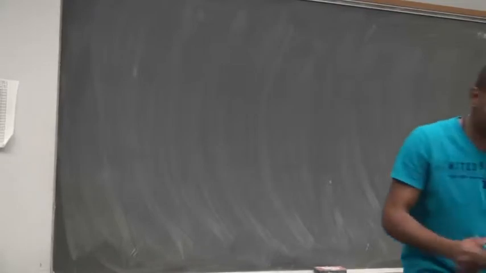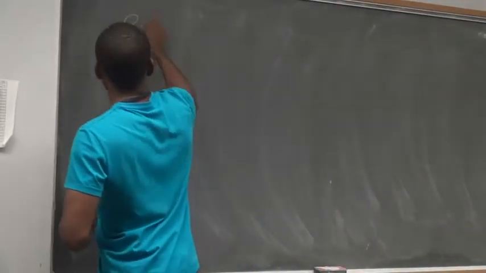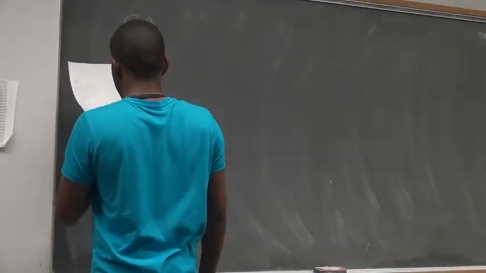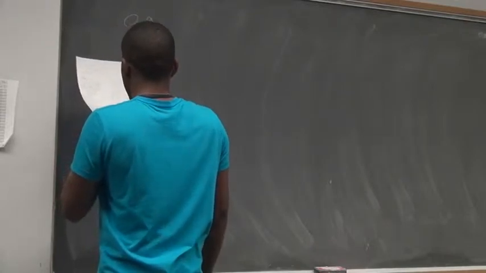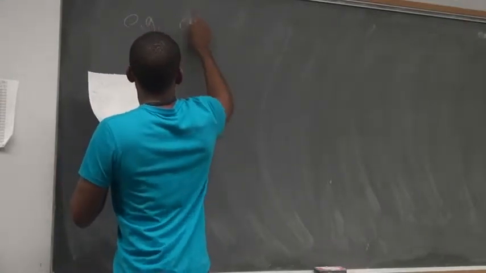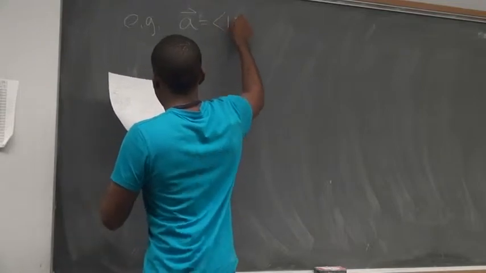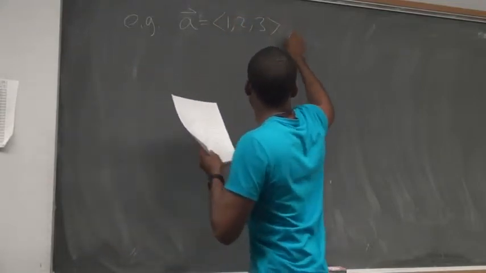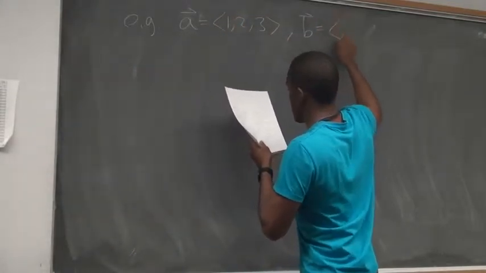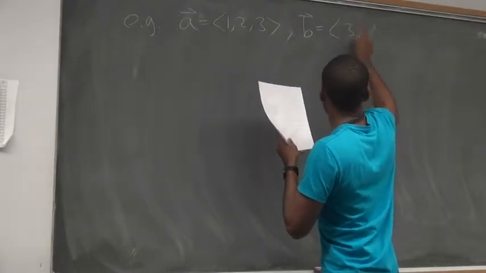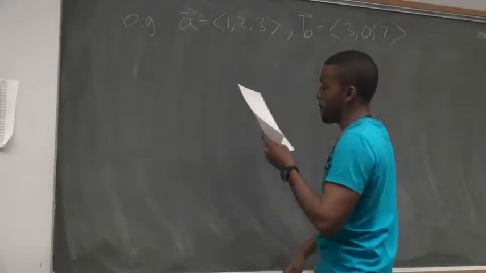Let's actually do an example so you guys can see it in action. Let's say my A is the vector 1, 2, 3. My B is the vector 3, 0, 2.